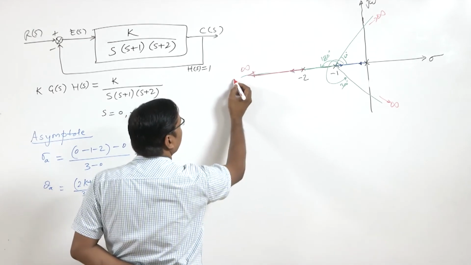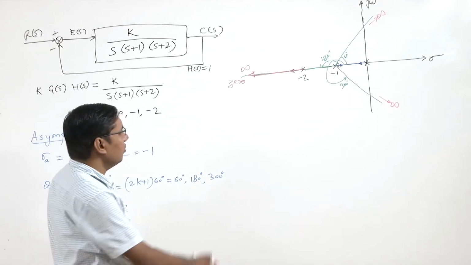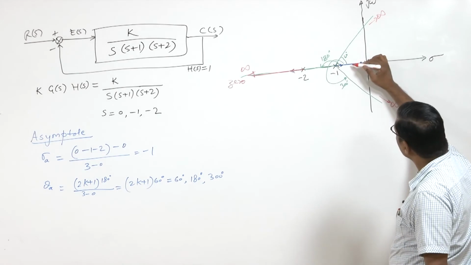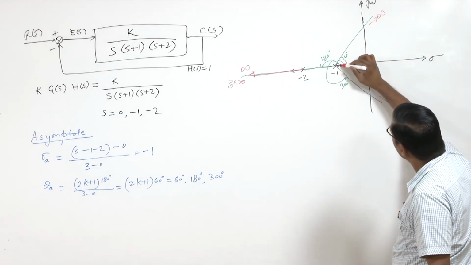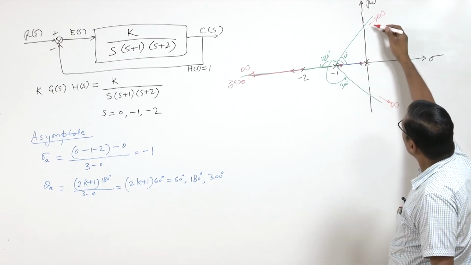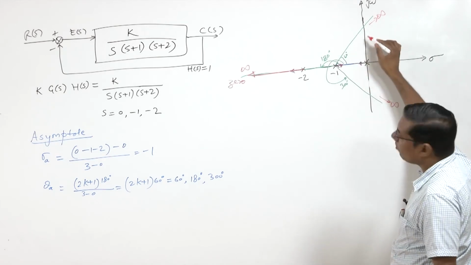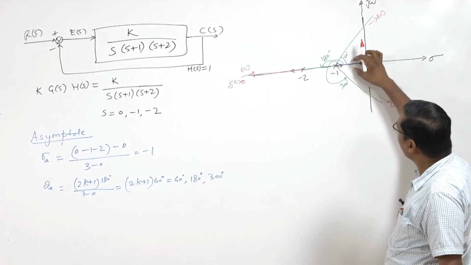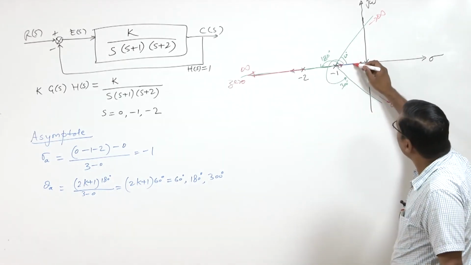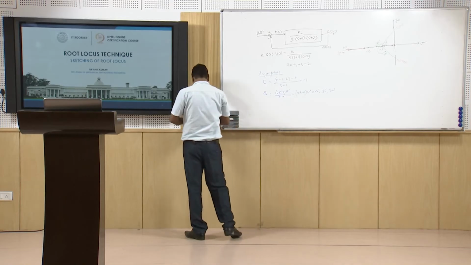So here is a zero at infinity, and it is moving towards that zero here. The other 2 poles started here, and they have to move towards these asymptotes. So here they have to go into the complex plane, so they have to break away, and we have to find the breakaway point, at what point they will break away.